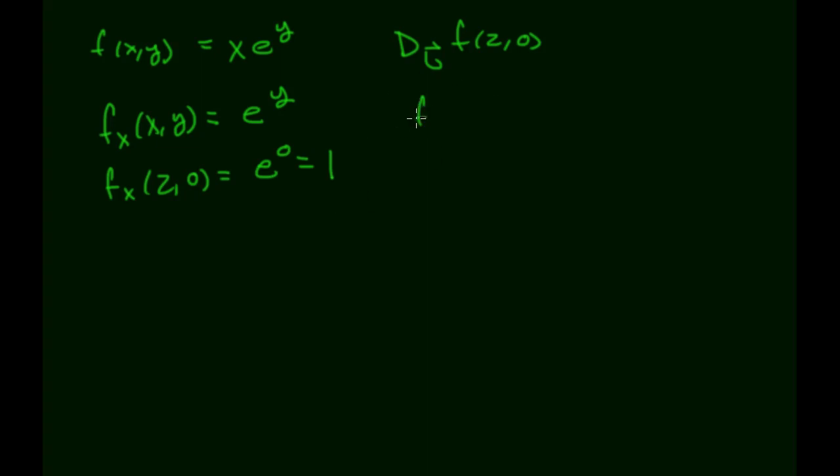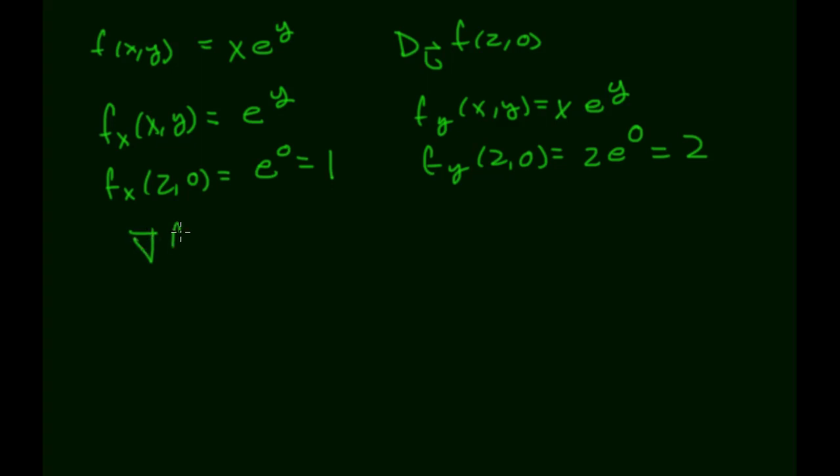Okay, so f y of x y is, well, that's just going to be, again, x e to the y, right? So f y at 2, 0 becomes 2 times e to the 0, which is just 2. So this means that the gradient of f at 2, 0 is the vector 1, 2, right?